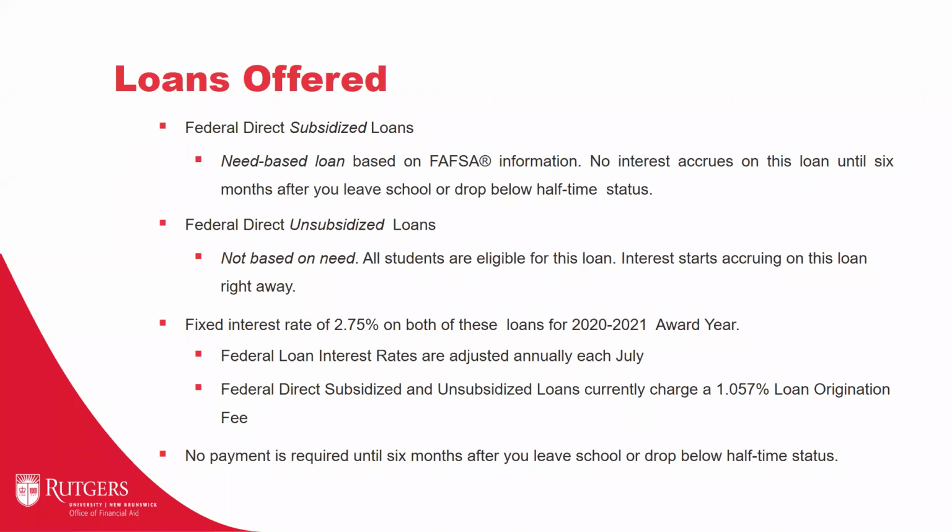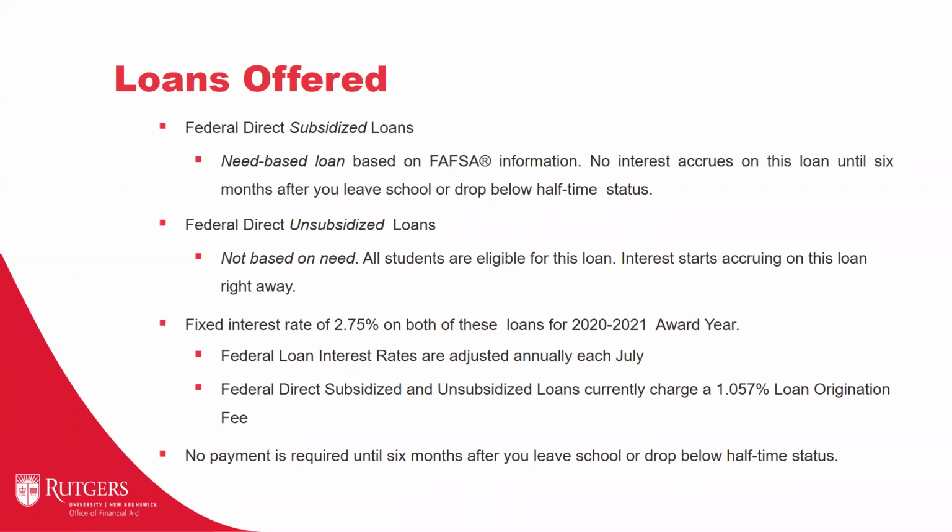The federal unsubsidized loan is not based on the financial need. So basically all students are automatically eligible for this loan. However, the interest does start accruing on this loan right away. Not right away as a student is packaged, but as soon as this loan gets disbursed and it's applied to the term bill, it starts accruing interest right away.